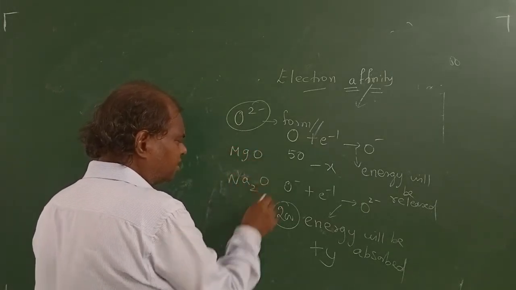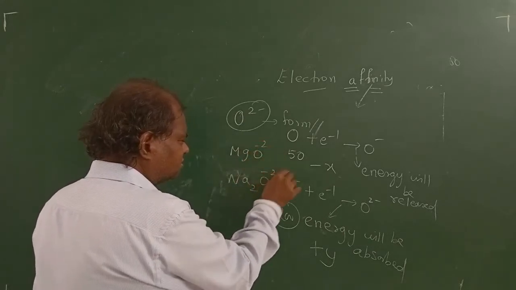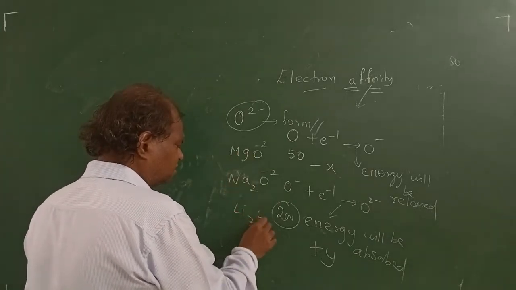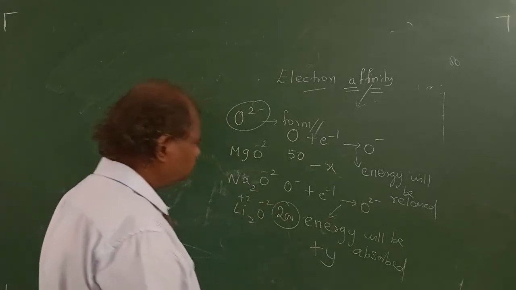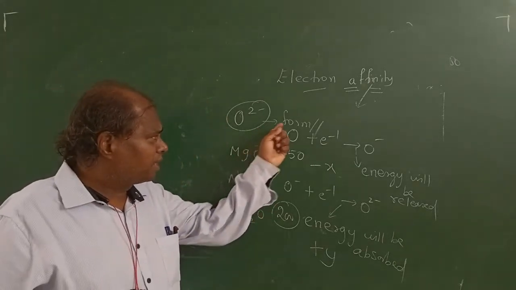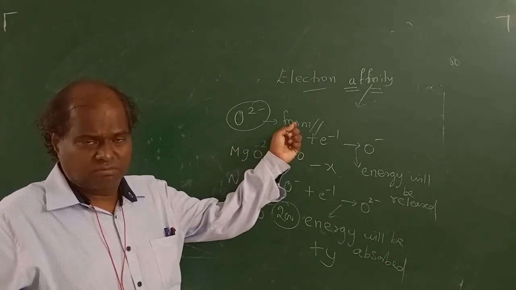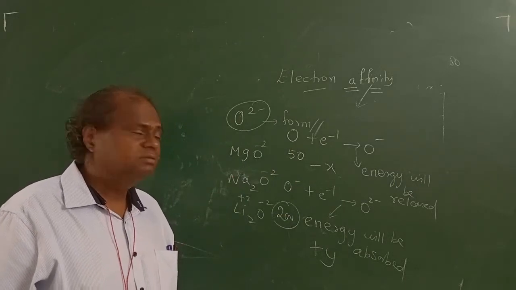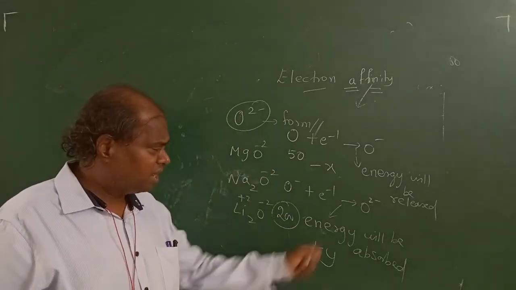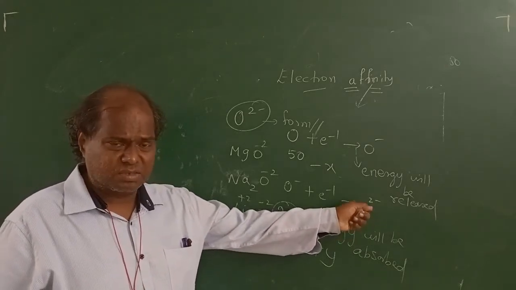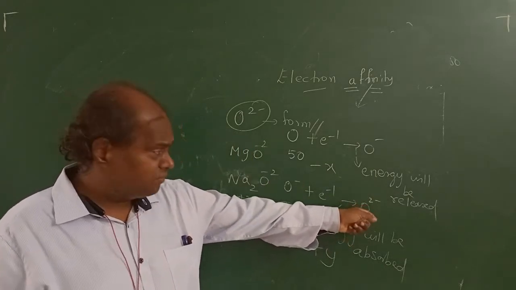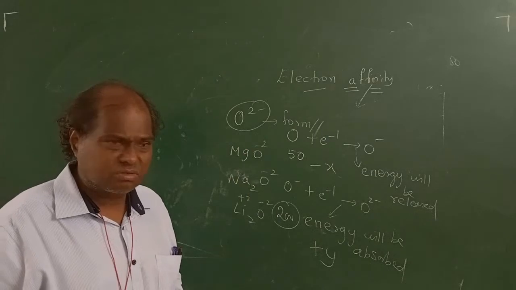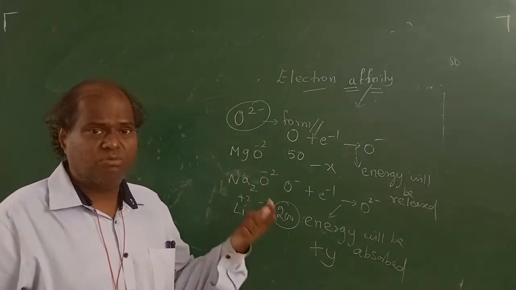There are so many compounds which contain oxide ions, O2 minus. So how are you getting O2 minus in all these cases? Very surprising, huh? On one hand, I am telling that it is not that easy to get O2 minus, to push the electrons. But in all these, you are getting O2 minus. How?